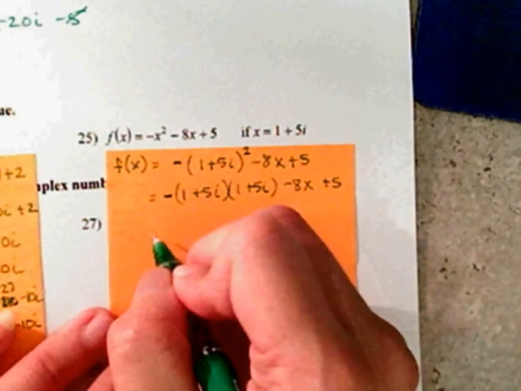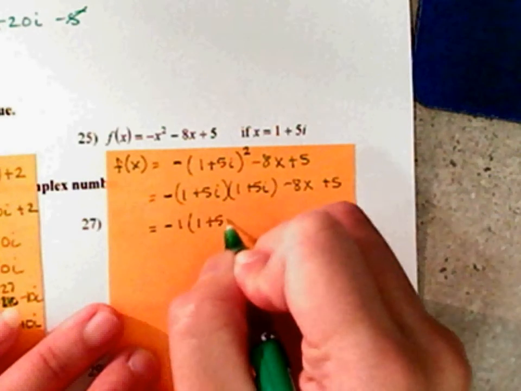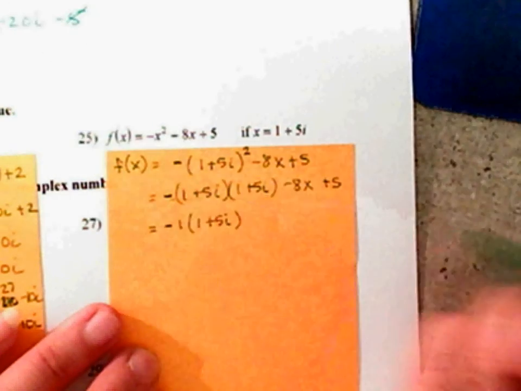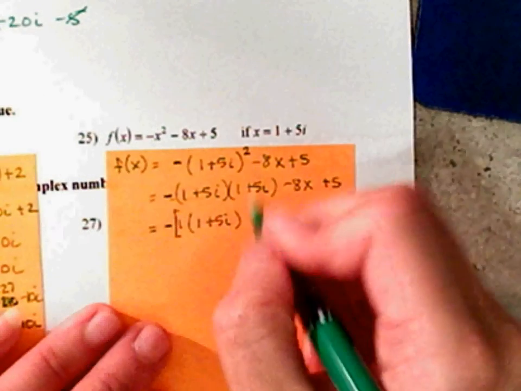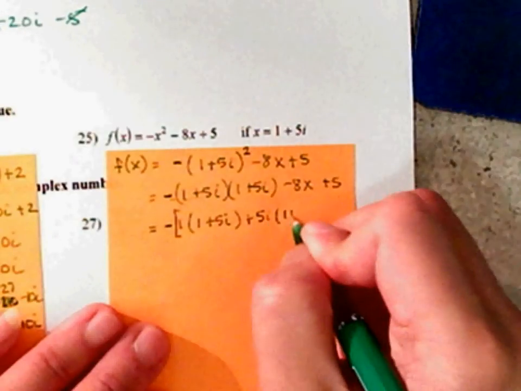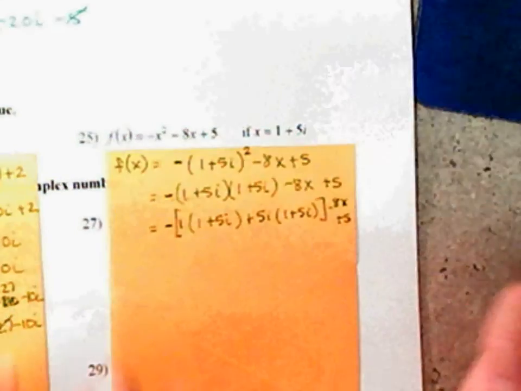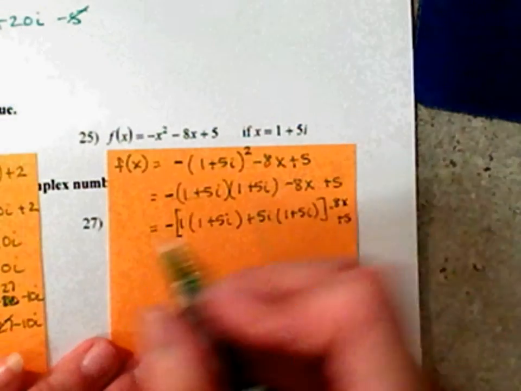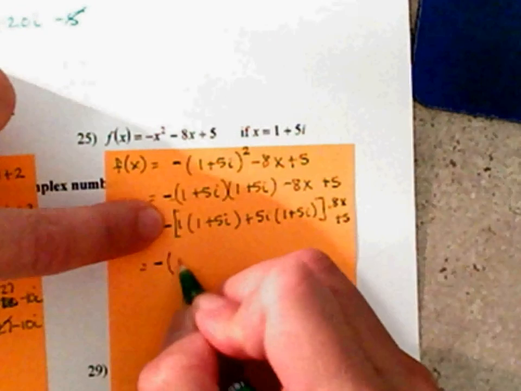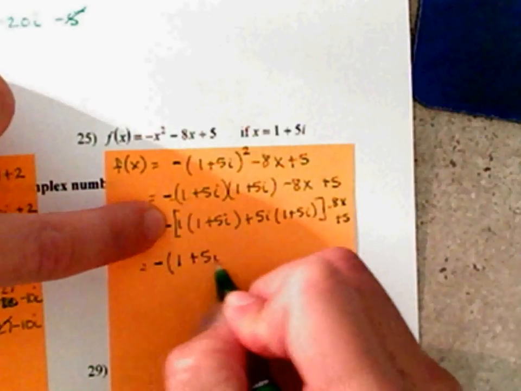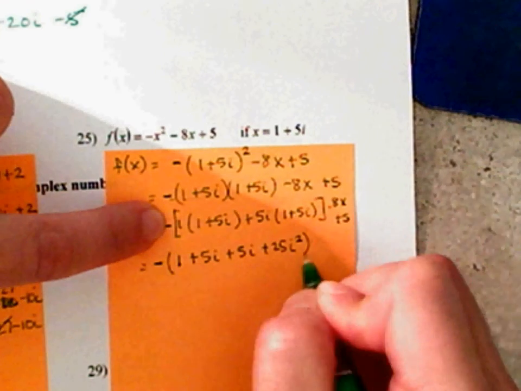Continue with your math. Negative 1 times 1 plus 5i. Now, if you want to get rid of that negative right off the bat, you can. Okay? Plus 5i times 1 plus 5i minus 8x plus 5. Okay? Continue with your math. So you got negative 1 times 1 is 1 plus 5i plus 5i plus 25i squared minus 8x plus 5.